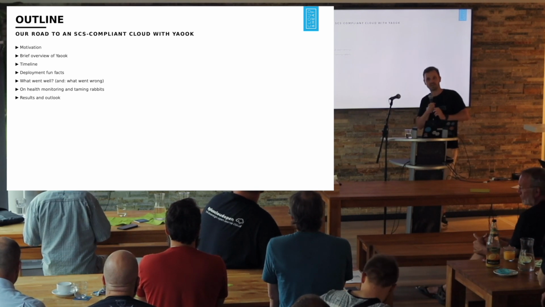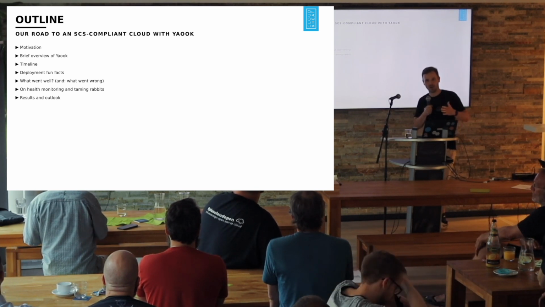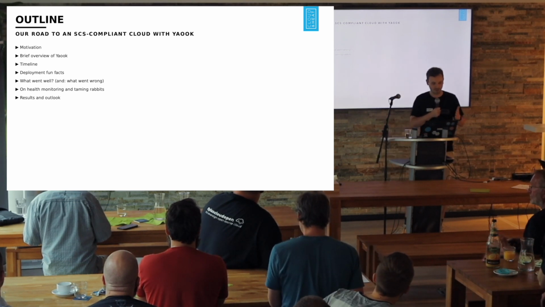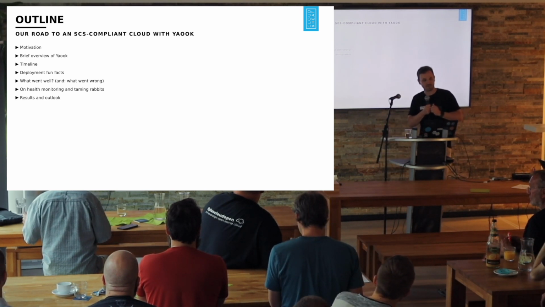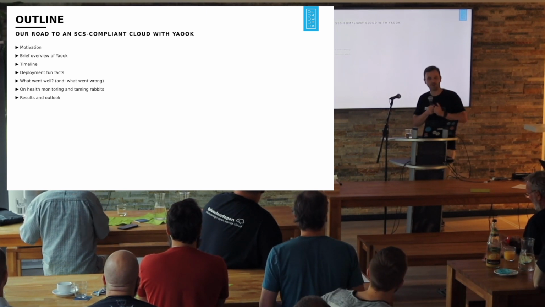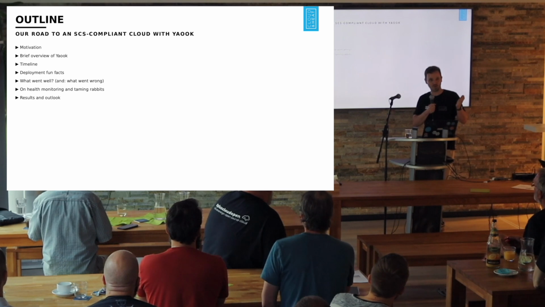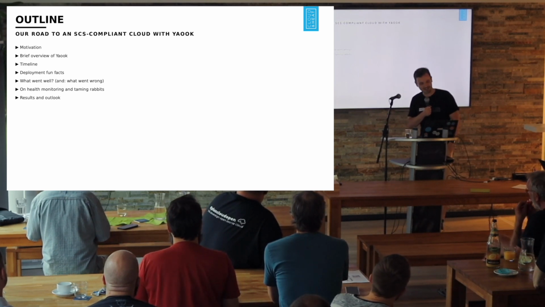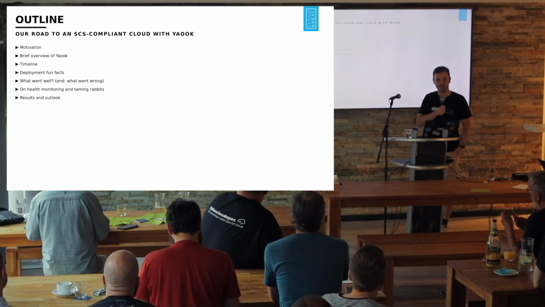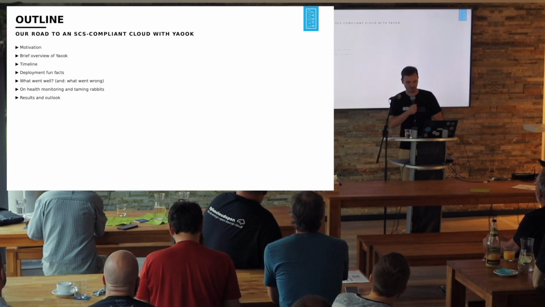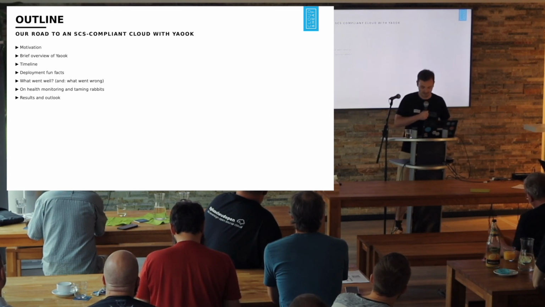Then we look back at the timeline of the events, how we got to a fully functional working cloud. We will cover some funny things, for instance, deployment fun facts. We will look at what went well and what went wrong. And I also want to share a nice little success story regarding health monitoring and taming rabbits. And of course, we will wrap up with results and an outlook.